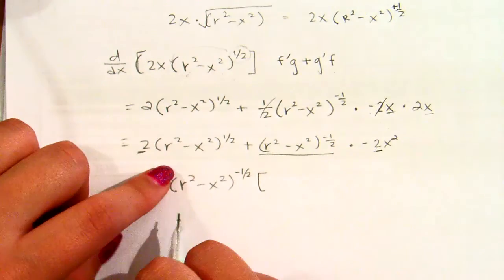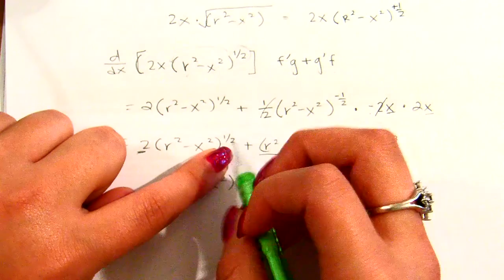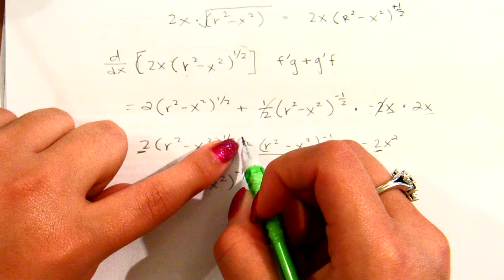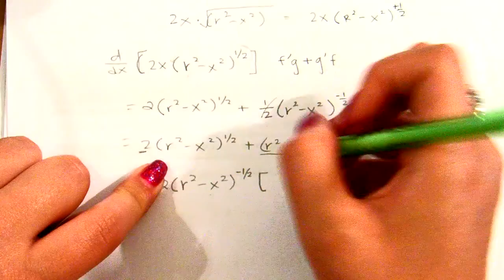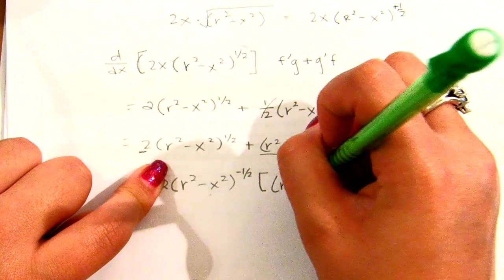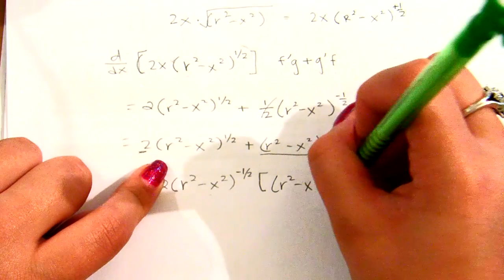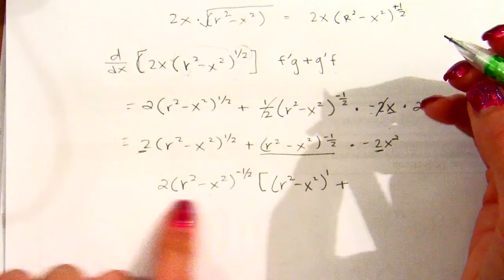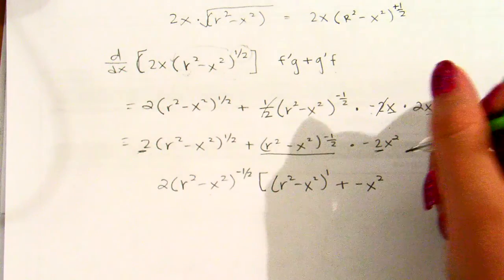And when we take this out, we're left with (r squared minus x squared) to the 1/2 minus negative 1/2, which is just (r squared minus x squared) to the 1. And then we're left with negative x squared on the inside.